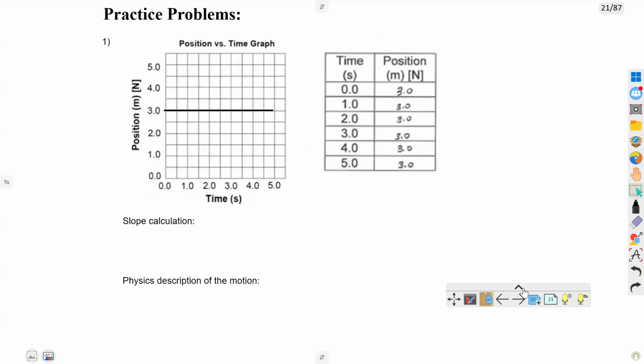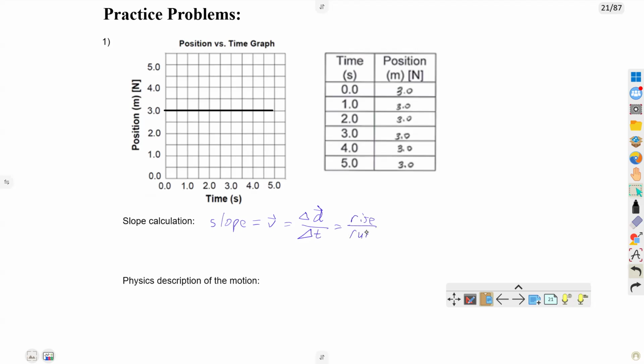So I've got a little bit of practice here for you. And just to look at this one, if we're supposed to do the calculation. And again, I apologize, I don't have rulers here to help us out. But when we look at the diagram here where the position is staying the same, since we're looking at position, our slope is going to give us the velocity, and it's going to be a change in the displacement over a change in time, which is our rise over run.